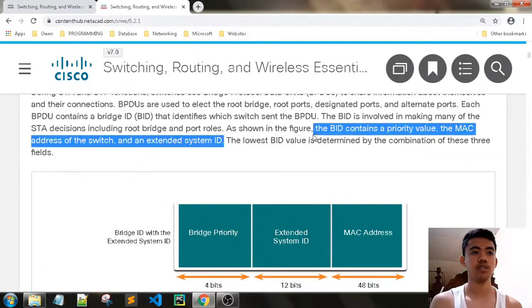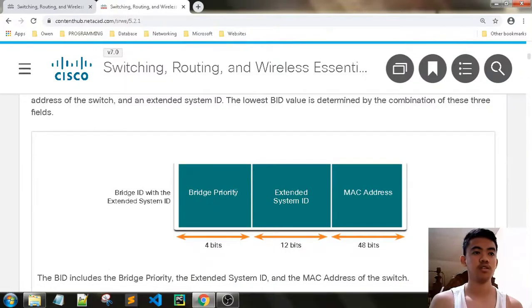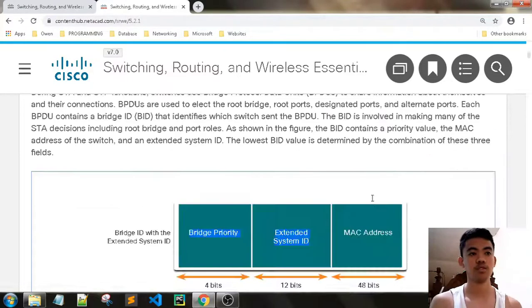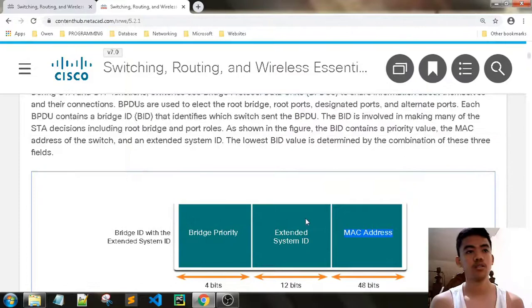The lowest BID is determined by a combination of these three fields. Whenever the bridge priority has the same value, the extended system ID would decide, and also the MAC address, where the lower MAC address value, in terms of hexadecimal value, wins.